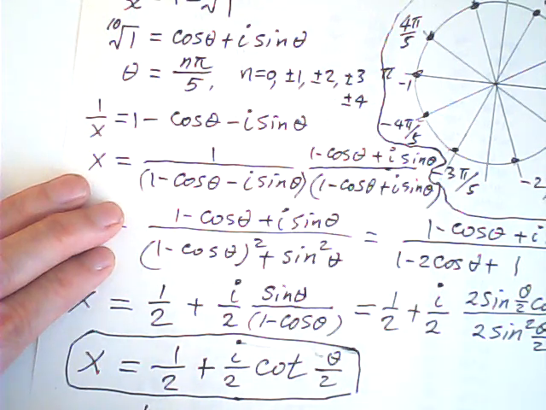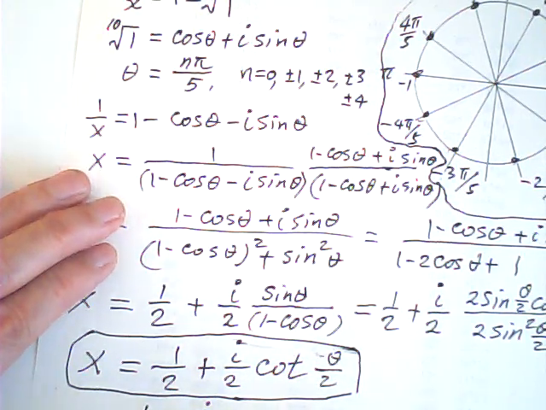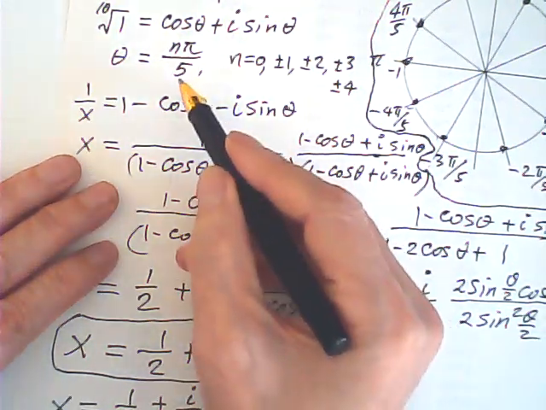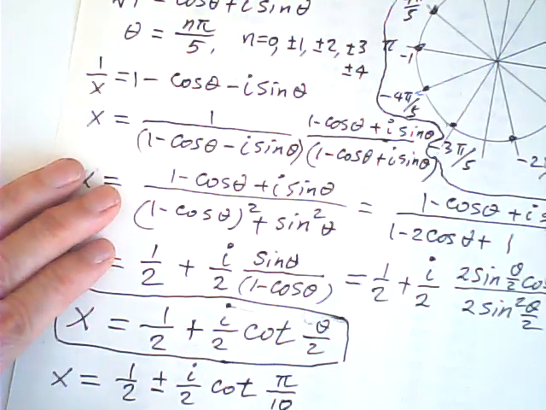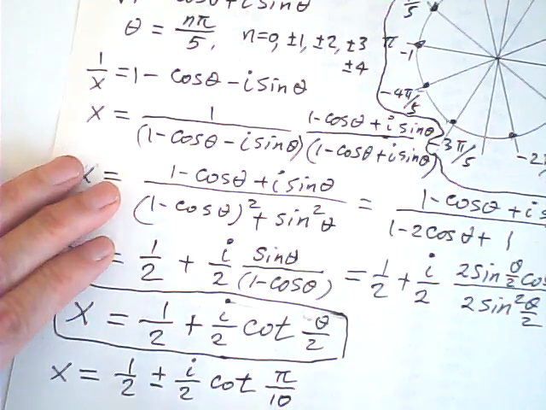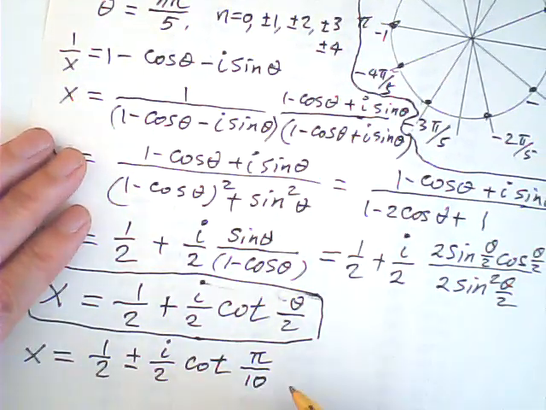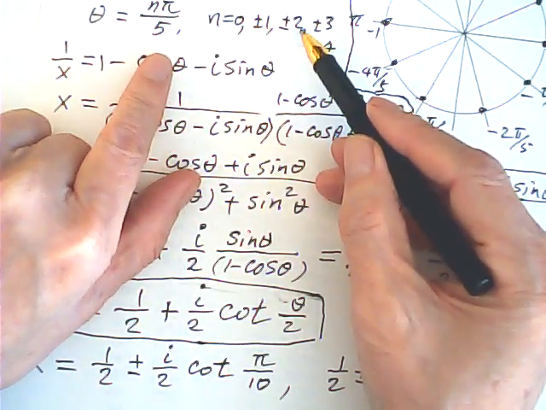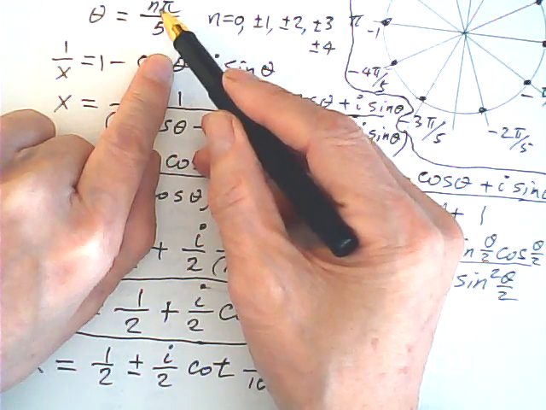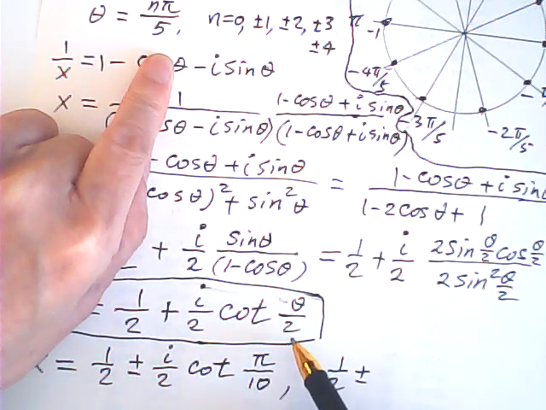This is a half plus or minus half i cotangent of pi over 10. Okay, these are two roots. And half plus or minus, when we put in 2 pi over 5 over 2.